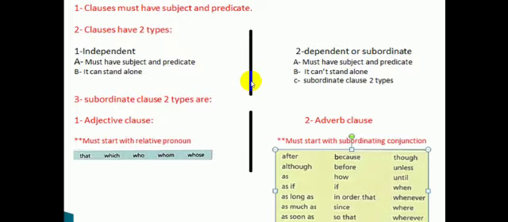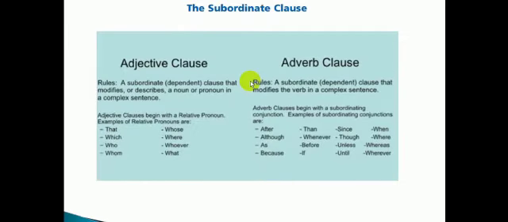Also, it has two types so far, because there is a third type, and in the next session we're gonna talk about it. The two types of the dependent or subordinate clause are adjective clause and adverb clause. Adjective clause is subordinate or dependent.